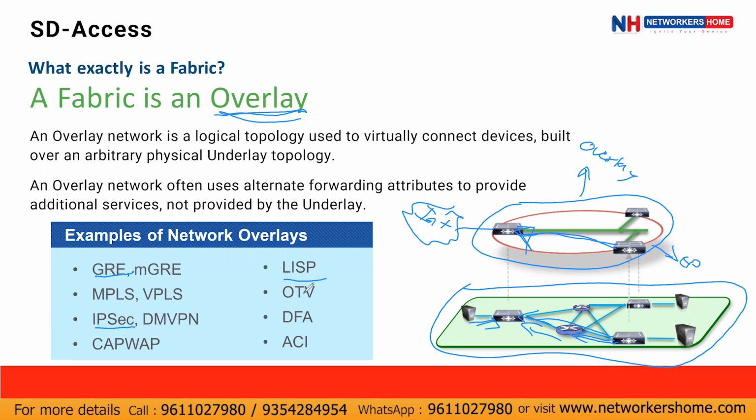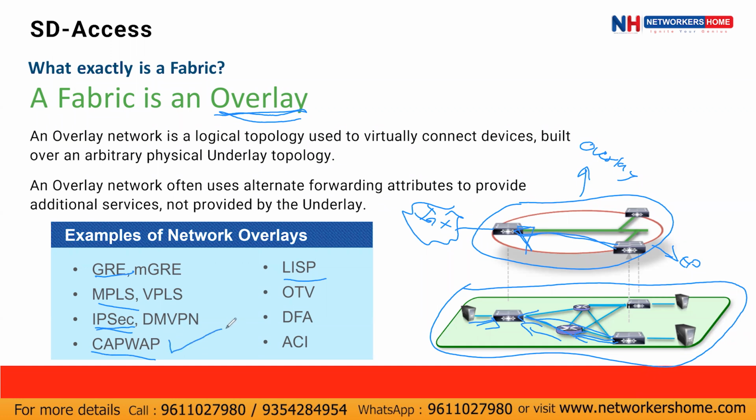Now LISP, MPLS, GRE, IPsec, or even CAPWAP, everything is an overlay network. CAPWAP, everyone is aware of it from the wireless side. The access point registers with the wireless controller using this specific protocol.